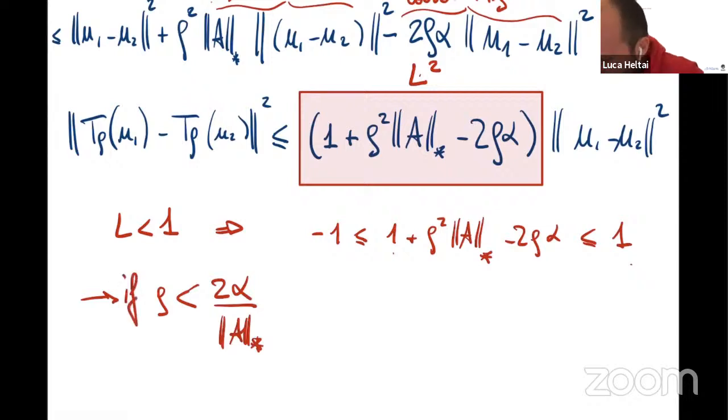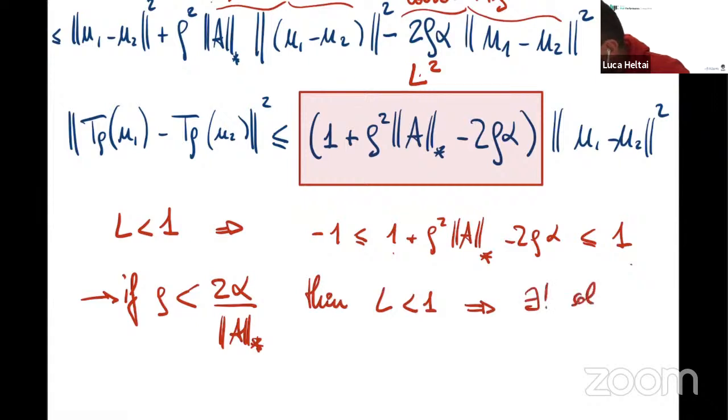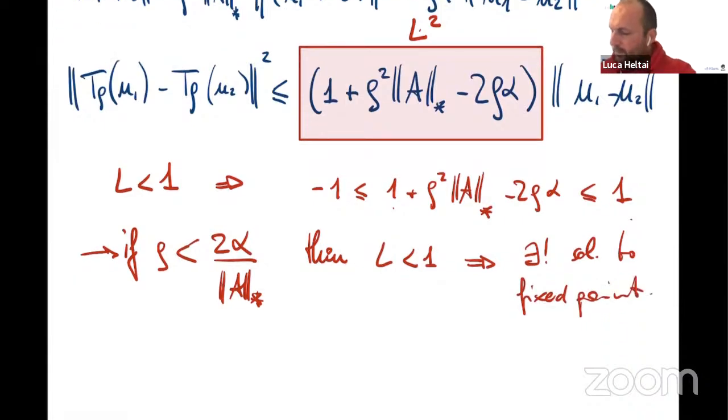If rho is smaller than that, then L is smaller than 1, and there exists a unique solution to the fixed point.